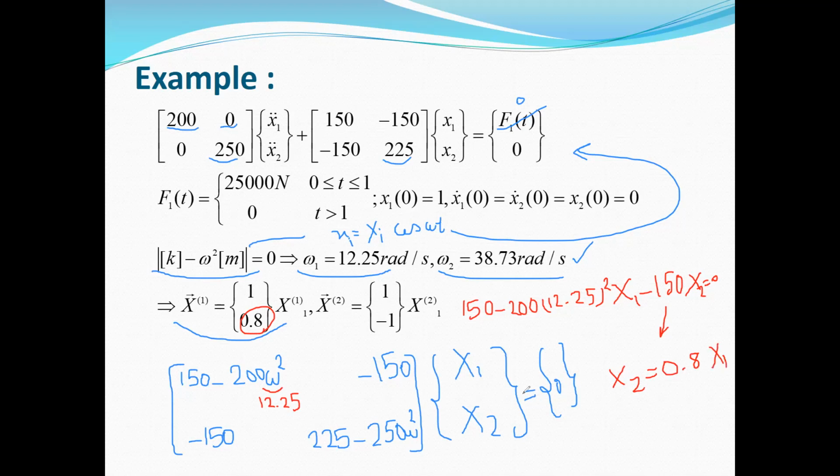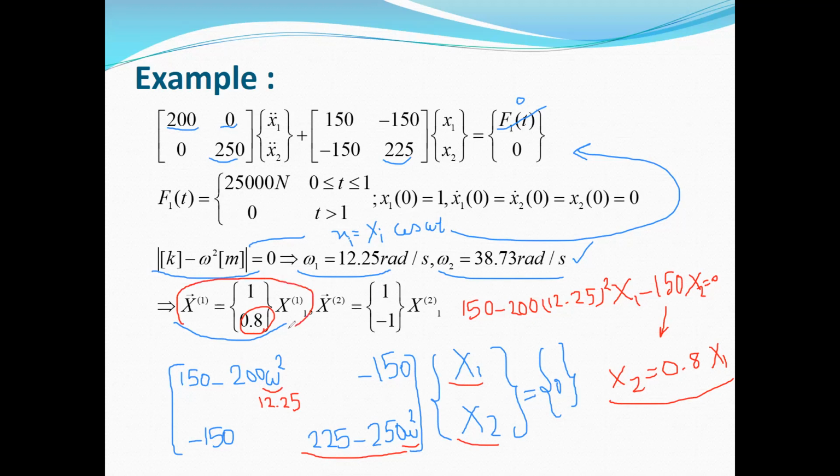This is the first mode shape. Of course, if you substitute in the second equation, instead of omega, 12.25, and again extract the equation, we will have minus 150 multiplied by x1 and 225 minus 250 multiplied by 12.25 squared multiplied by x2. Again, you can extract the same relation between x2 and x1. This is the first mode shape.